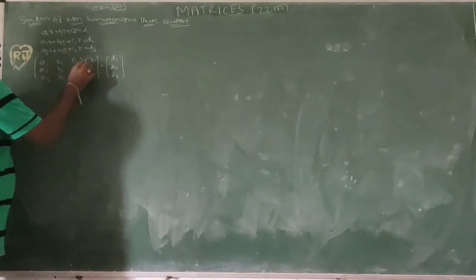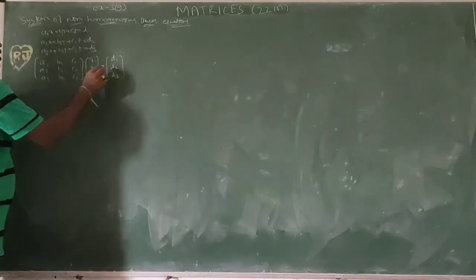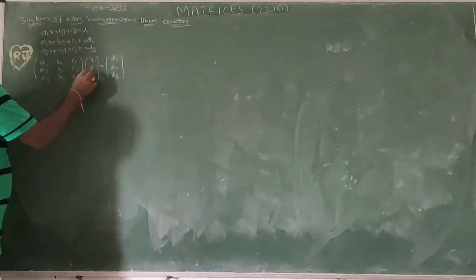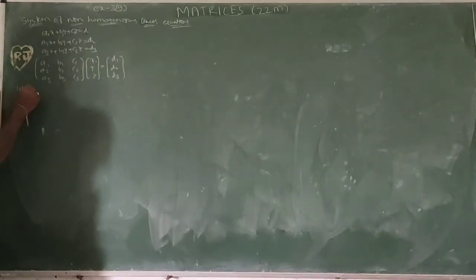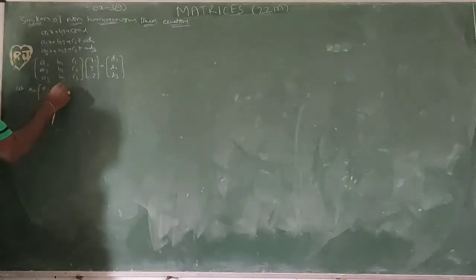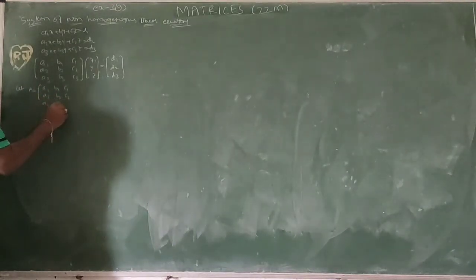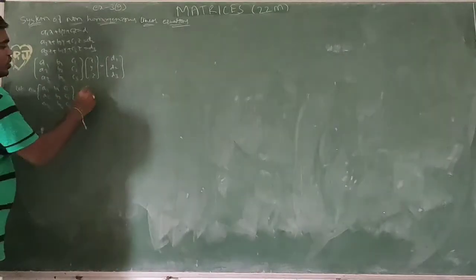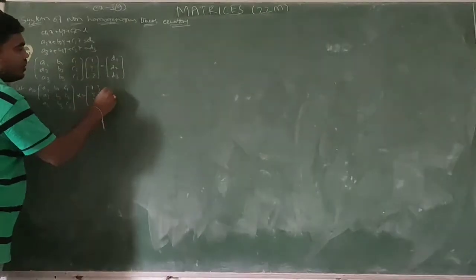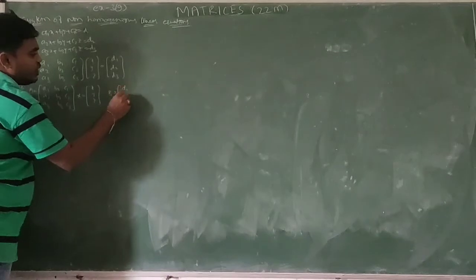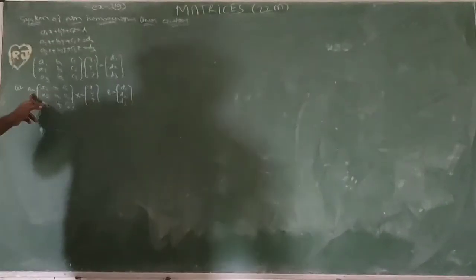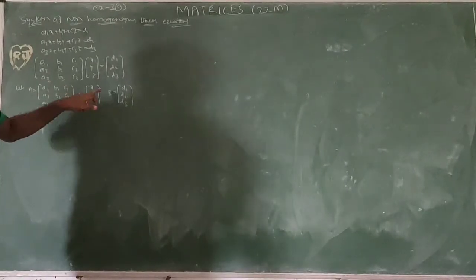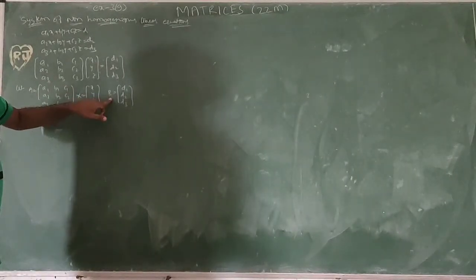Second row a2x plus b2y plus c2z equal to d2. a3x plus b3y plus c3z equal to d3. So let A equal to a1, b1, c1, a2, b2, c2, a3, b3, c3, X equal to x, y, z, B equal to d1, d2, d3. So here A is called the coefficient matrix, X is called the variable matrix, B is called the constant matrix.